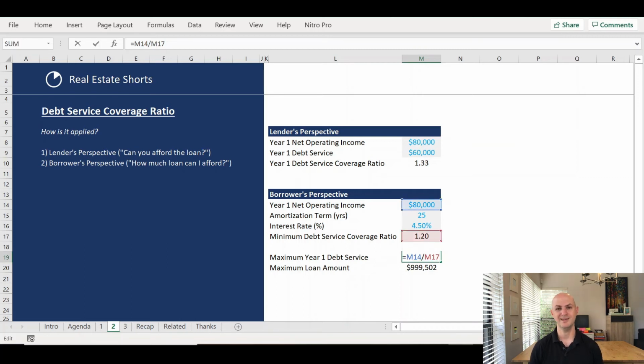We could say $80,000 worth of net operating income divided by that debt service coverage ratio. So this would help limit or establish a maximum of what you could afford based on the lender's requirement. So 80,000 divided by 1.20 is going to give us $66,000 worth of maximum affordable annual debt service.